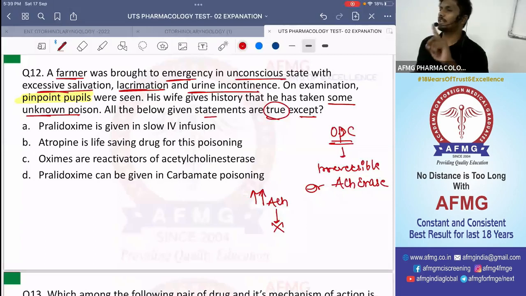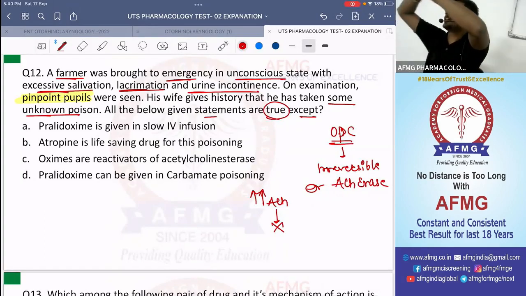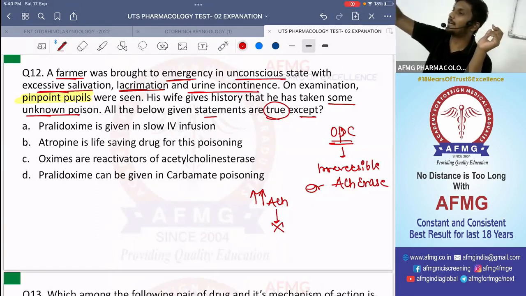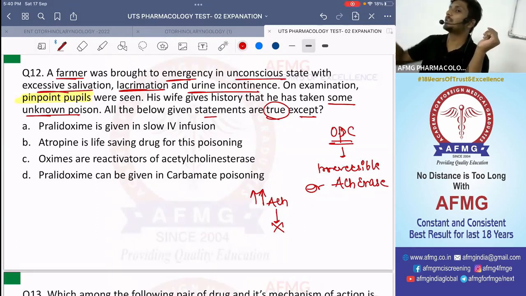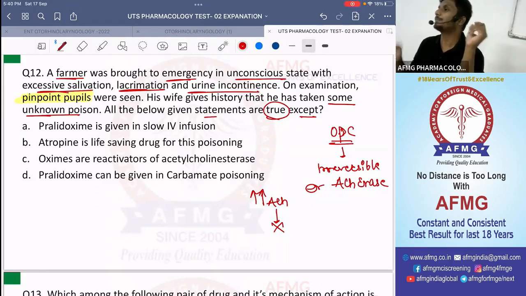Urinary incontinence is definitely, first of all, due to increased urination. But second, it is also due to the contraction of the bladder muscles, because these bladder muscles also have which receptors over them? M3 receptors. And activation of this M3 will cause contraction of these urinary bladder muscles, causing urinary incontinence.